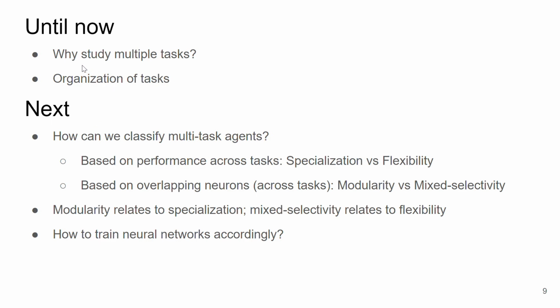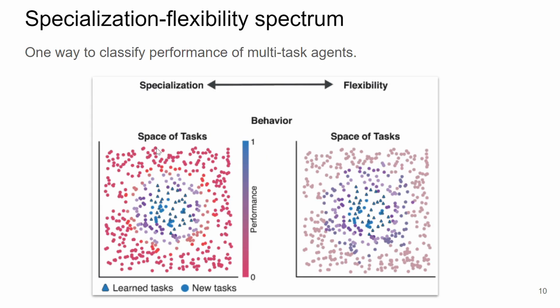So now that we have discussed why we need to study multiple tasks and the organization of tasks, let's go into more depth talking about how we can classify these multitask learning agents. So one way to classify is by performance on multiple tasks. They call the spectrum specialization and flexibility.